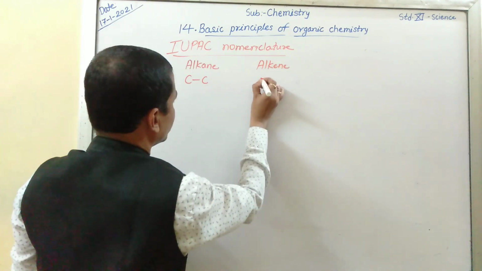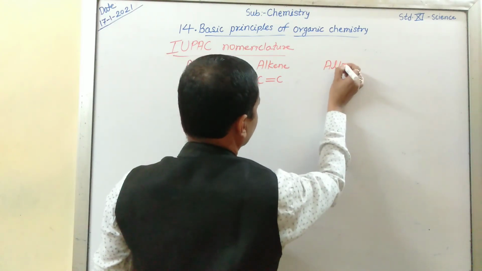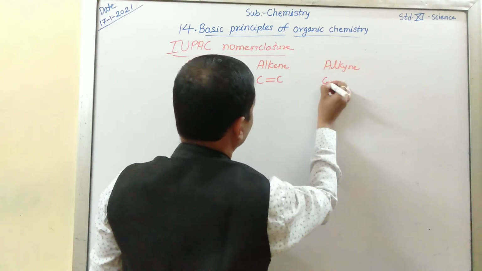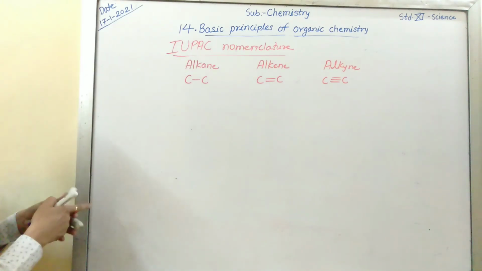Alkene means carbon-carbon double bond, and alkyne means carbon-carbon triple bond.